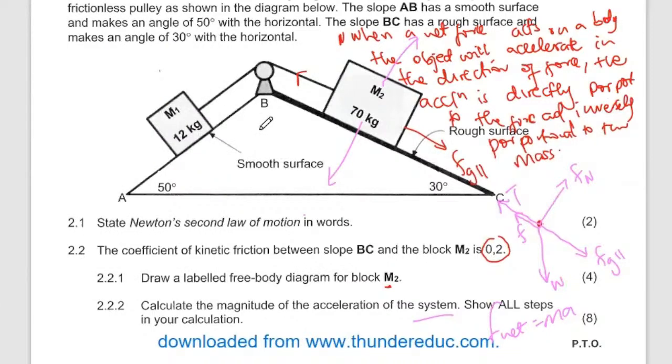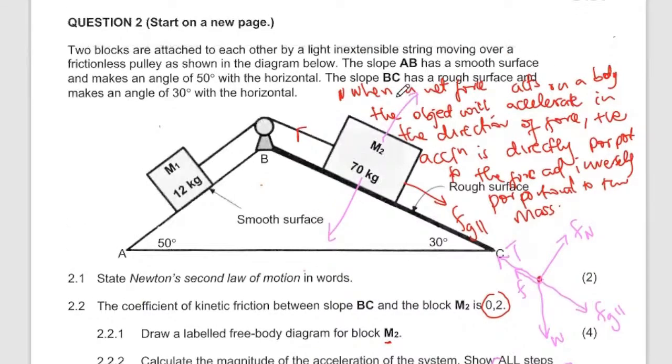I don't know which option will be better. What is happening with slope AB? The friction is small, which means there's no friction. Yeah, you can do that.